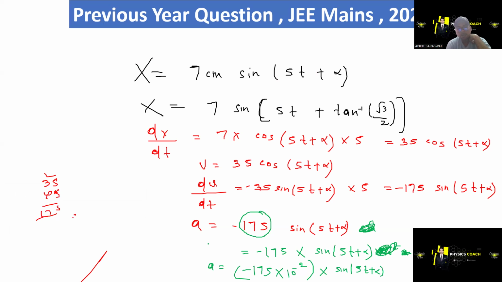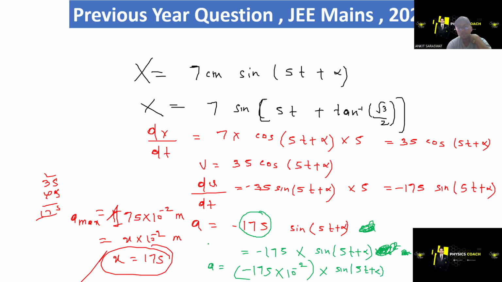So the maximum acceleration will be 175 multiplied by 10 to the power minus 2. In the question they have mentioned x multiplied by 10 to the power minus 2, so x will be in meter. This is also meter. This is also meter. So x will be 175. That is the answer. Clear?